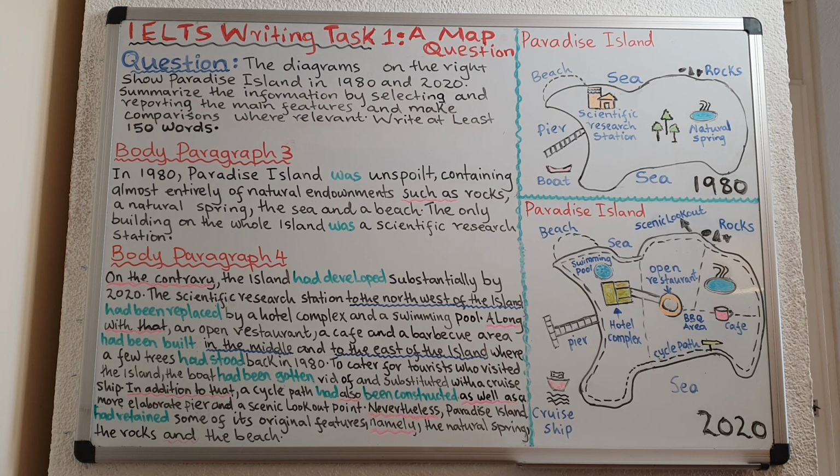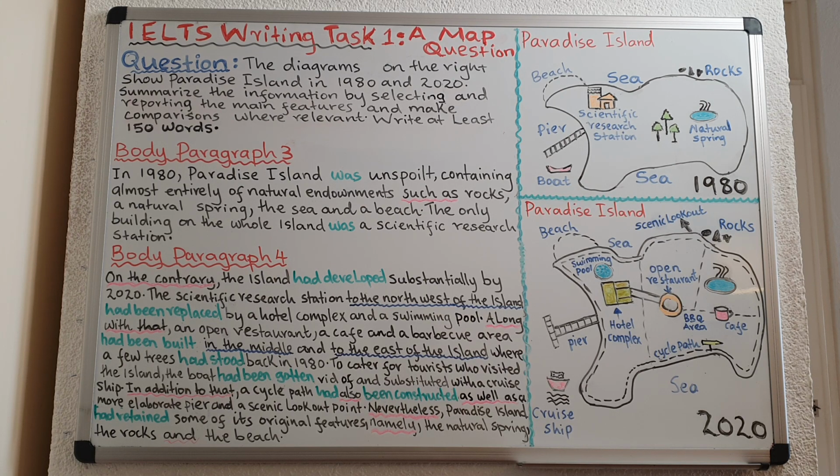To make comparisons means that you need to contrast. You need to talk about what the island looked like in 1980 and what it looked like in 2020. What are the differences? Those are the comparisons. What did the island look like in 1980 compared to 2020?